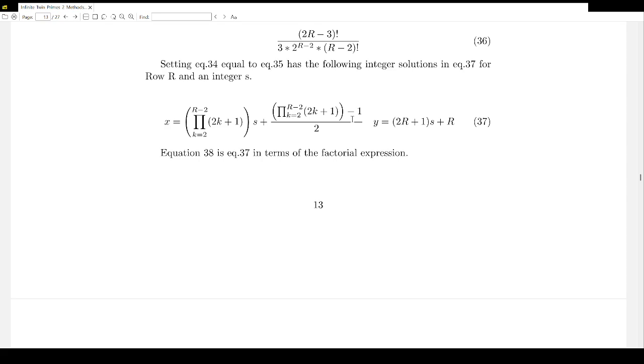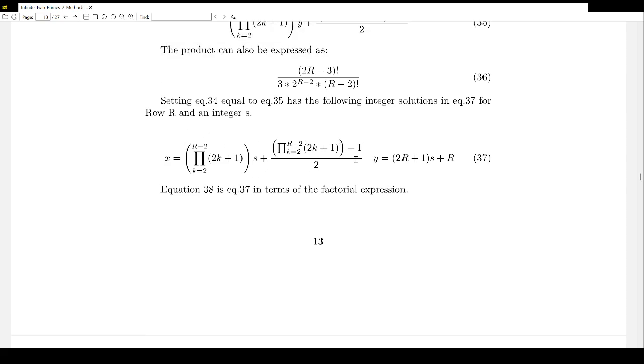I.e., this is the equation for our infinite set of values which are in no rows. There's no row that you could go to where you couldn't find them. So this is basically what this formula shows.